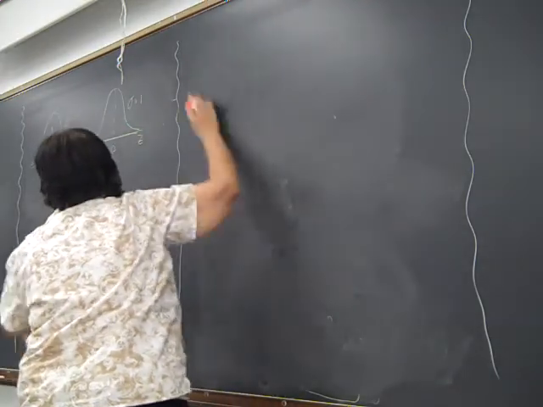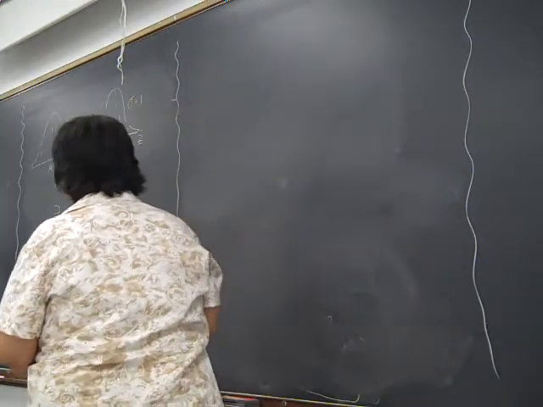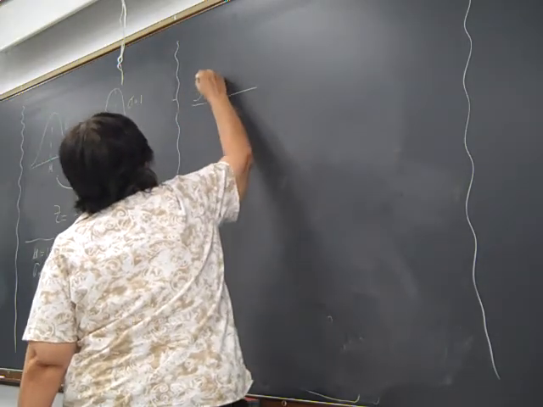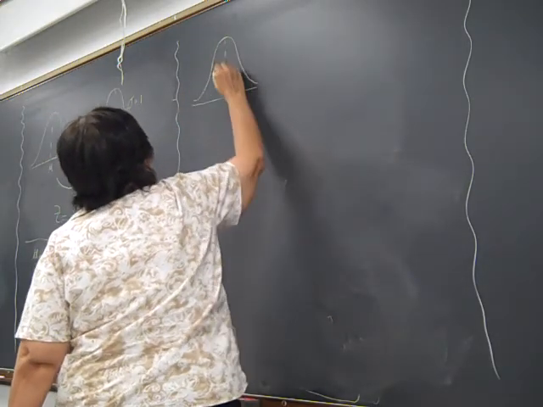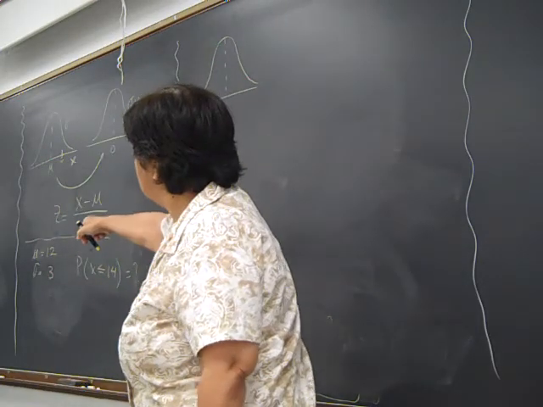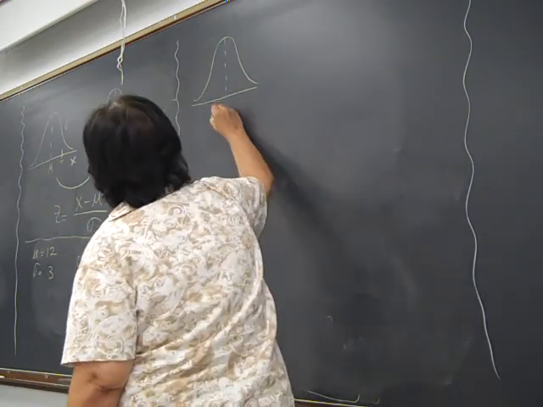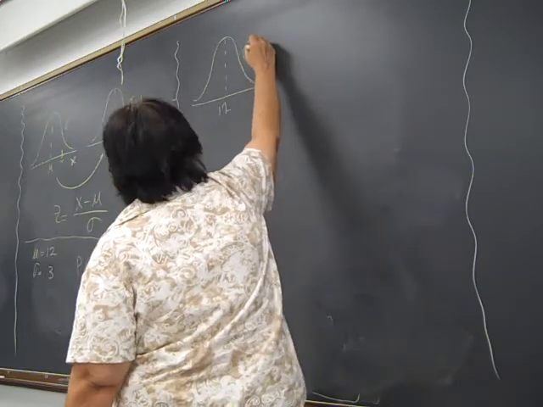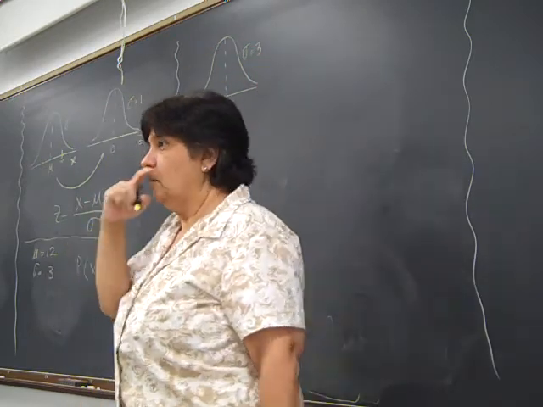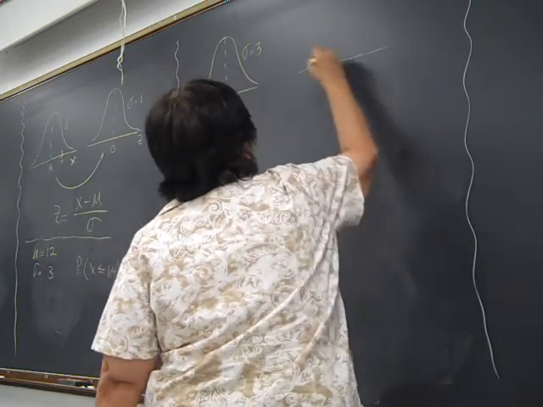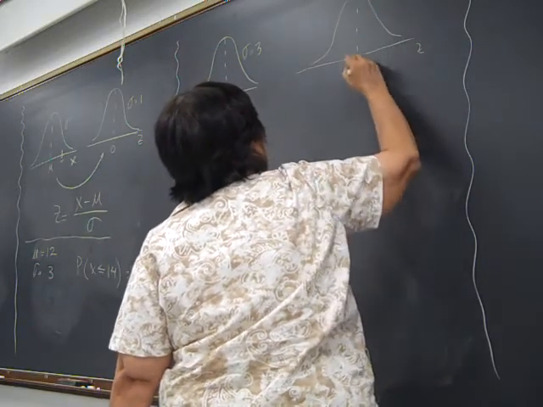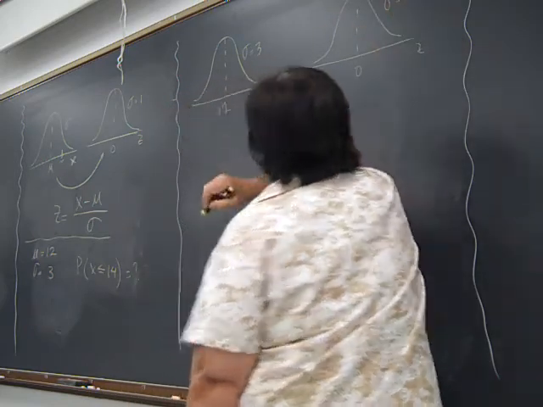So they want to know what is the probability. This is what we are dealing with, right? So we have a normal distribution. The mean is equal to what? To 12. And sigma is equal to what? 3. So we need to translate this one into a standard normal distribution with mean equal to 0 and sigma equal to 1.